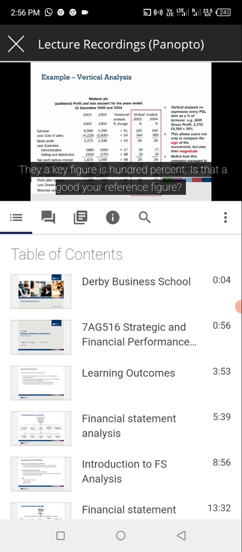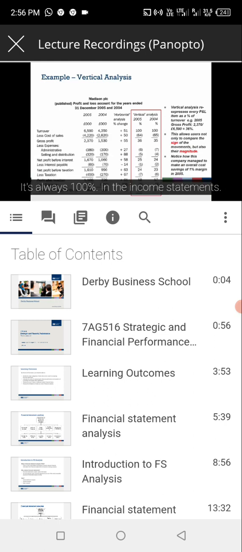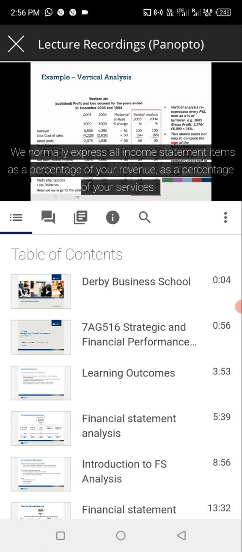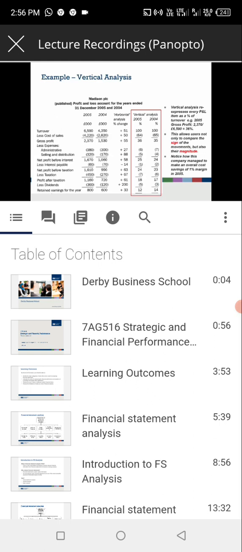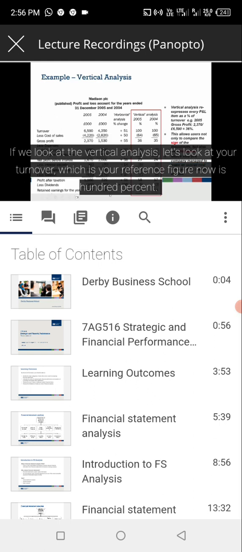Your reference figure is always 100%. In the income statement, we normally express all income statement items as a percentage of your revenue. Okay? As a percentage of your sales. If we look at the vertical analysis, let's look at it. Your turnover, which is your reference figure now, is 100%.